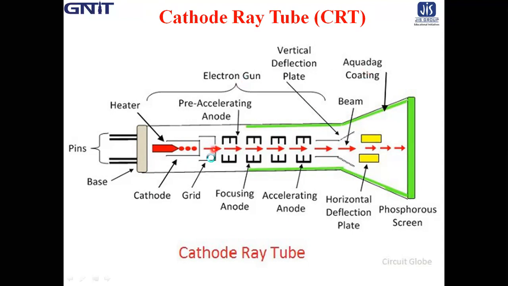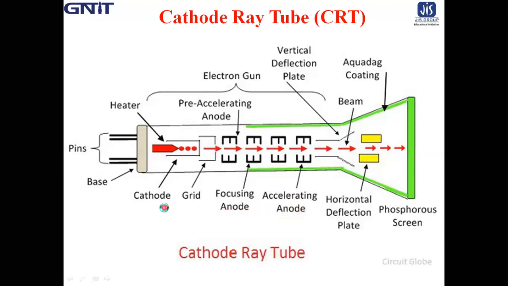Then the most important part is the electron gun assembly. The electron gun is an arrangement of electrodes which produces a focused beam of electrons. It consists of an indirectly heated cathode, a control grid, a focusing anode, and an accelerating anode.